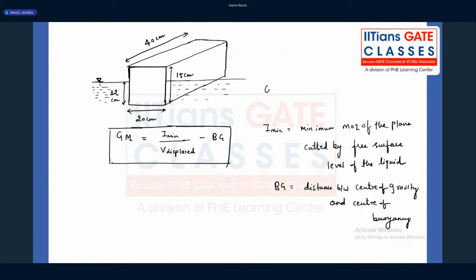Then what is the value of GM? It is the distance between the metacentric point and the center of gravity.